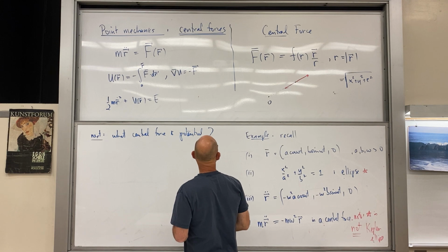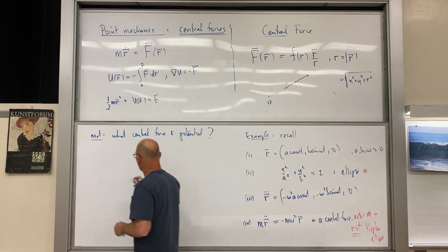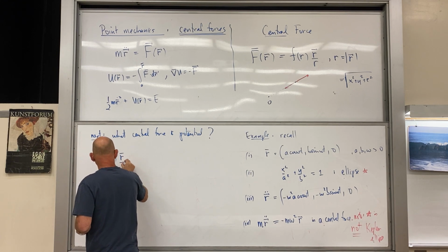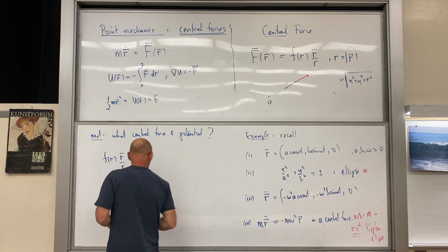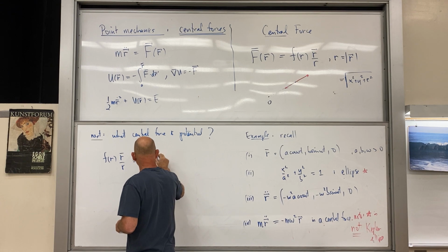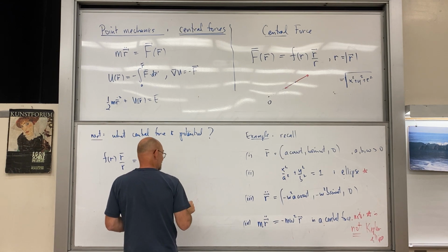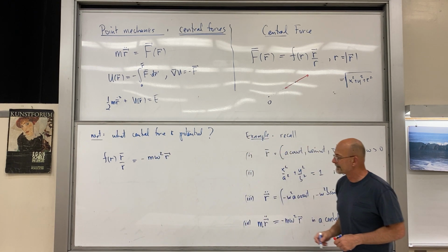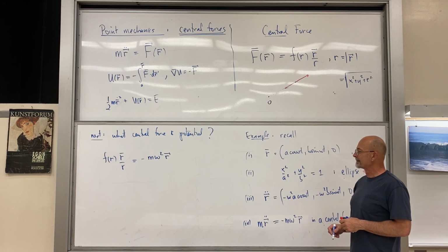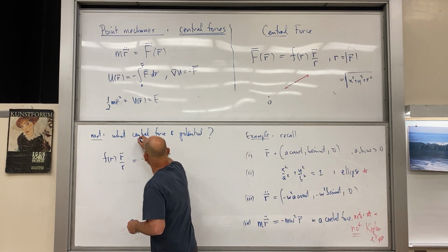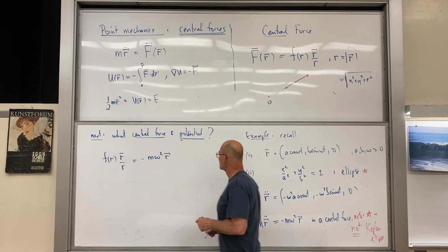What we would be saying is f of r over r is equal to minus m omega squared r. So what is the force and what is the potential energy? What central force and what potential energy?